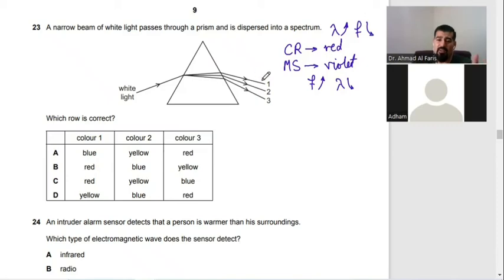So that means the red is number 1, and this is the violet, and number 2 between them will be green or yellow. Number 1 is red, number 3 is violet or blue, and number 2 is the yellow or the green.